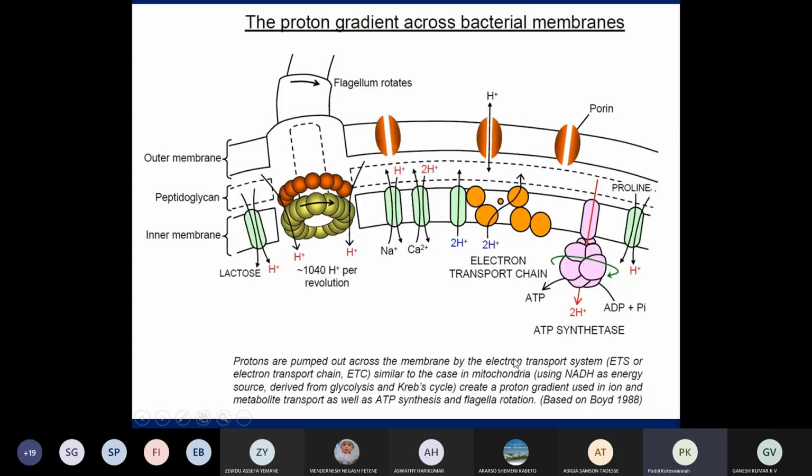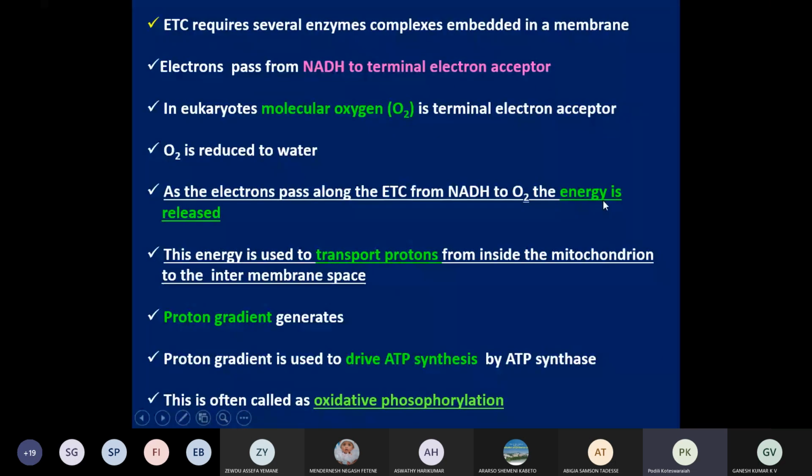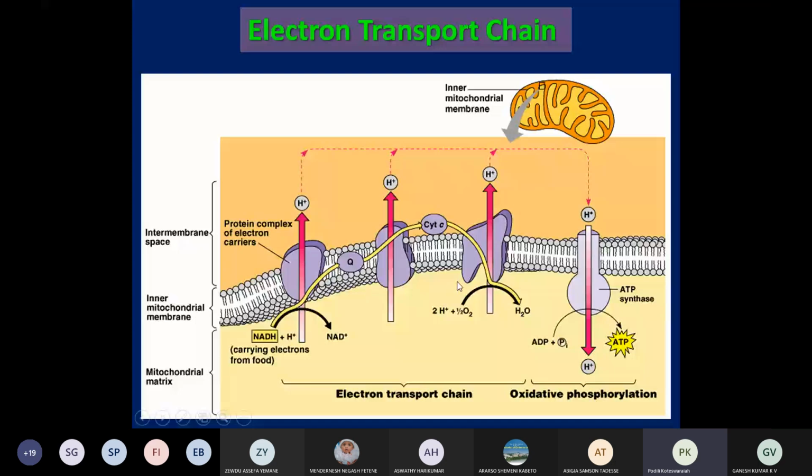As I said, this process requires many enzyme complexes, and they are present in the inner mitochondrial membrane, and the terminal electron acceptor is the molecular oxygen. As the electrons move from NADH or FADH2 to the molecular oxygen, energy is released, and this energy is utilized to transport protons from the matrix to the intermembrane space.